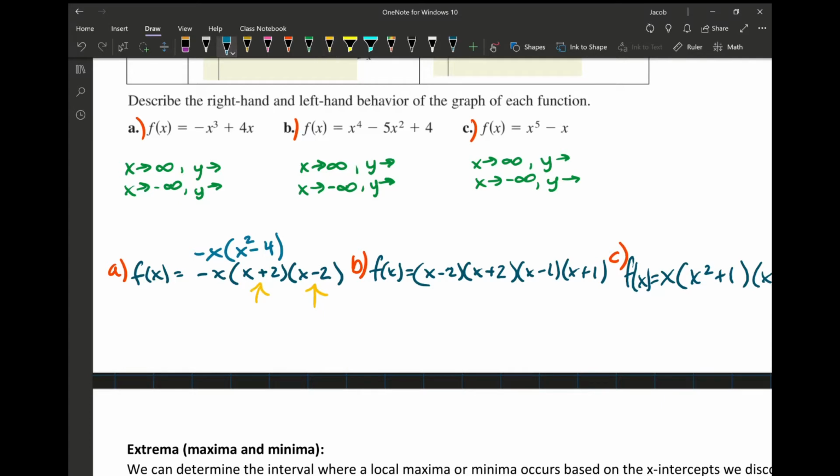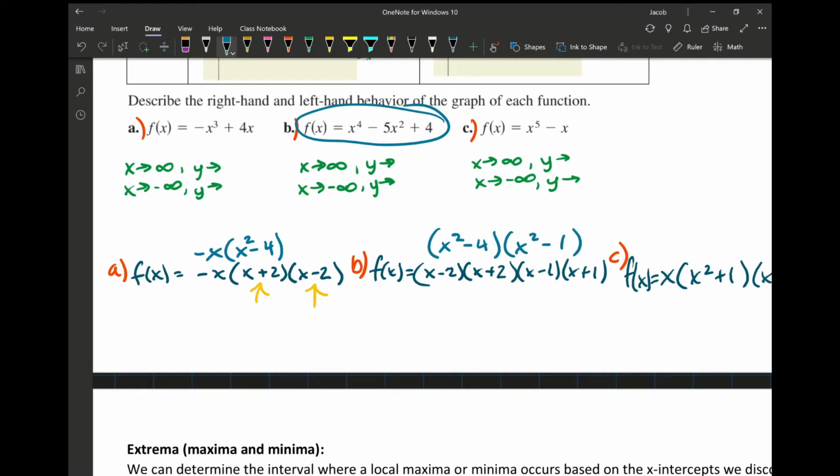In B, we have what looks like a quadratic form. So remember we used u substitution. Well, you can use it here to factor, and I know that my factors end up being x squared minus 4 and x squared minus 1.